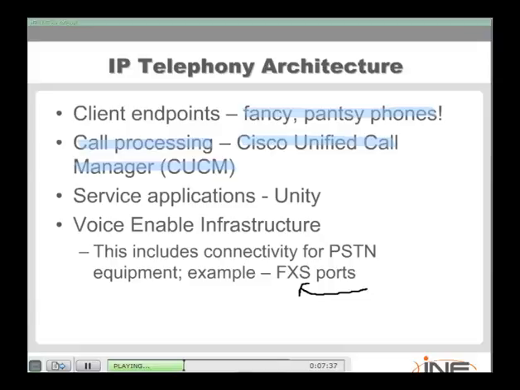PBX, which is the traditional plain old telephone system device for doing all of the call processing in traditional voice environments. The third layer of the IP telephony architecture has to do with service applications. And a great example I wanted to give you of that is Cisco Unity.